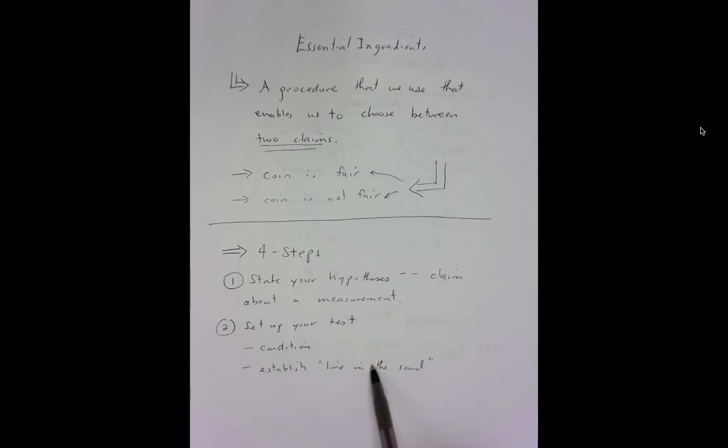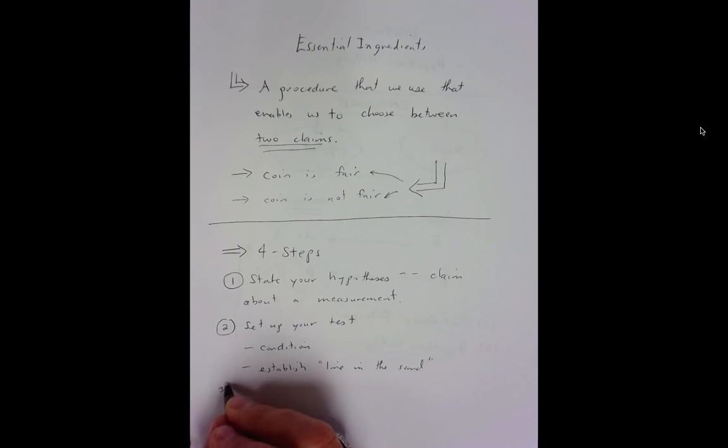But if you collect something and it's a long way away, then you might have reason to believe that the claim is not true, that it is false. So you've got to establish this line in the sand that kind of establishes, okay, it's close enough to the claim to not discount the claim, or it's far enough away from the claim to discount the claim. So we establish that line in the sand.